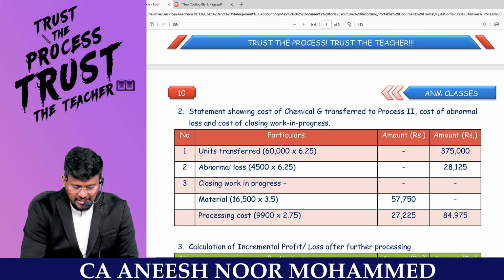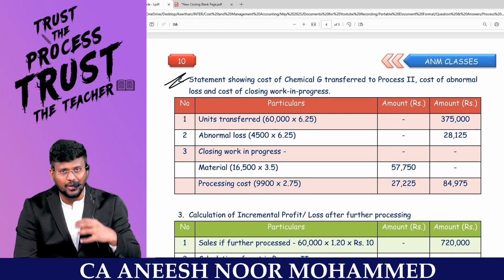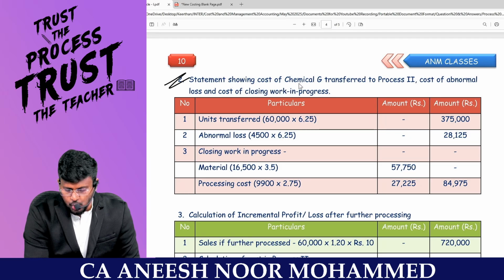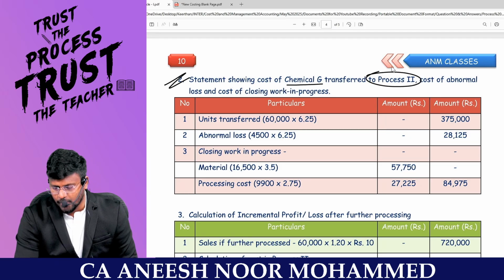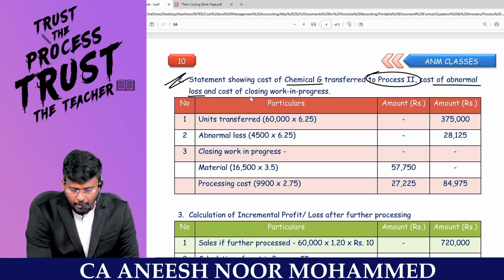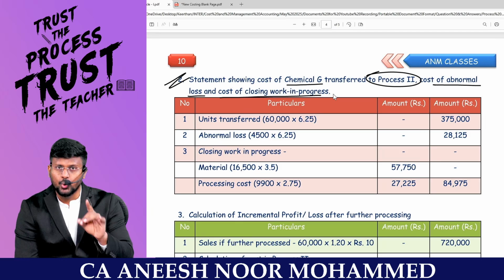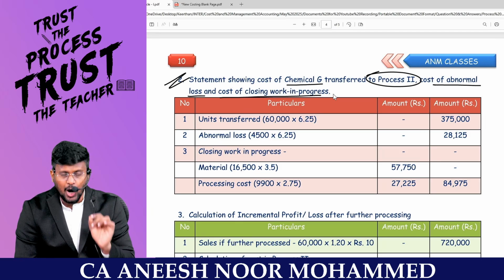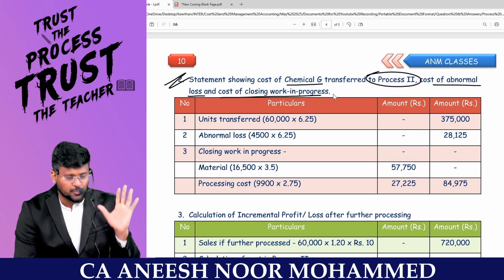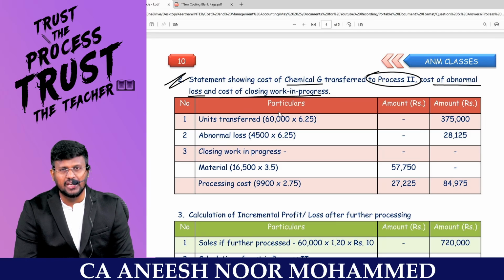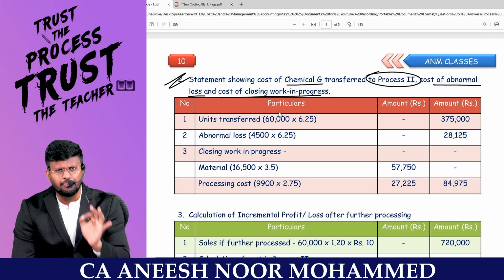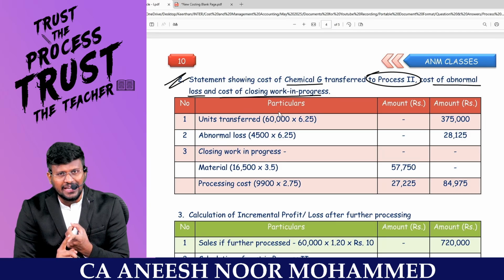If that is the case, look at requirement number 2. Statement showing cost of chemical G transferred to process 2, cost of abnormal loss, cost of WIP, unit transferred. You tell me how many kg have been transferred to the next process for further processing. 60,000 kg. For every one completed unit, you will have material and the conversion cost.